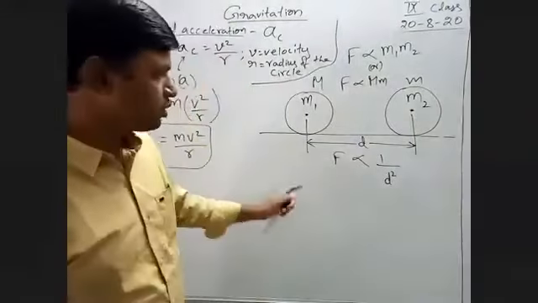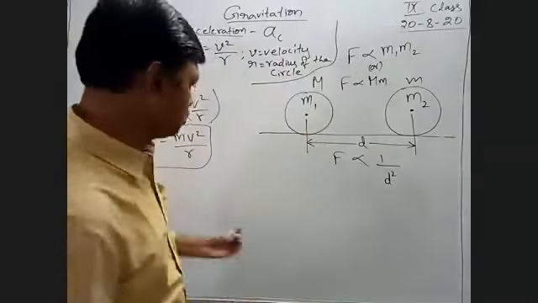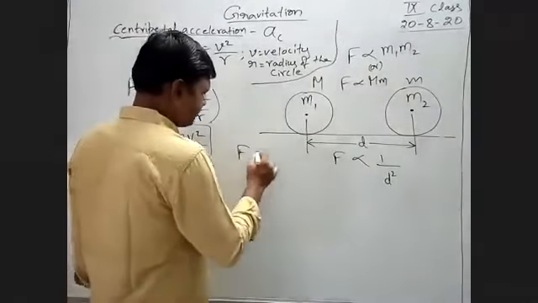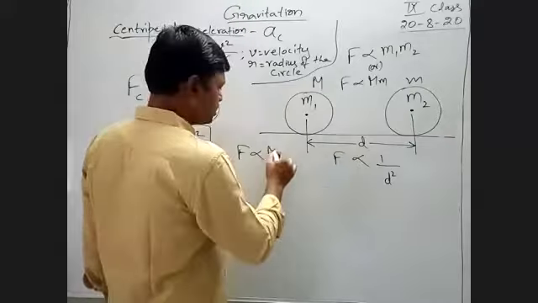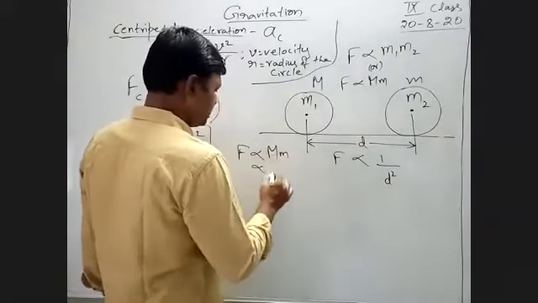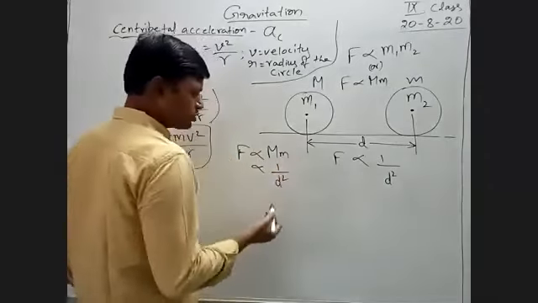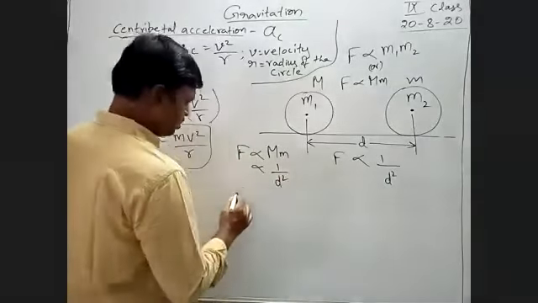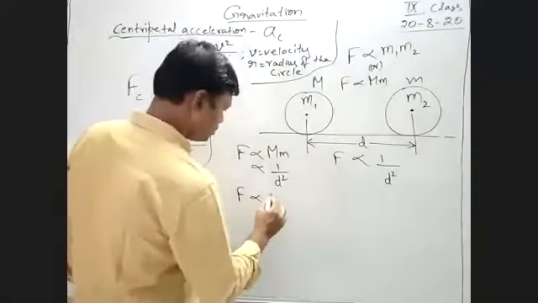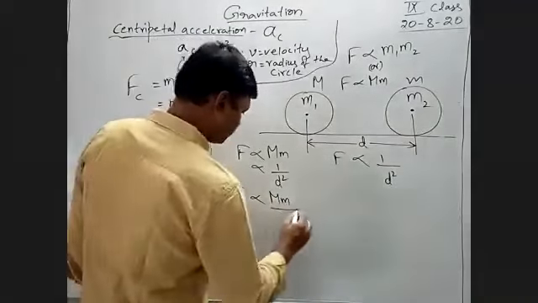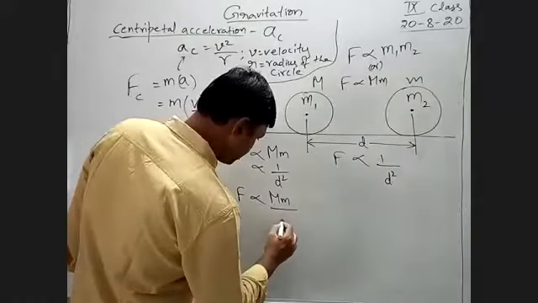Now we combine these two. F is directly proportional to m and m, and inversely proportional to 1 by d square. So F is proportional to m into m by d square.